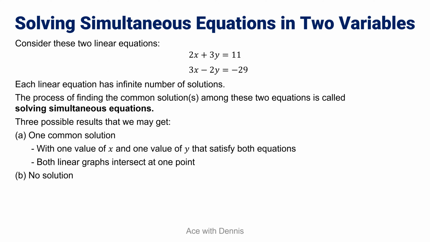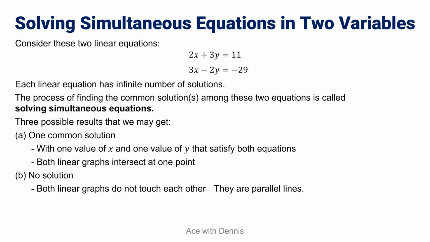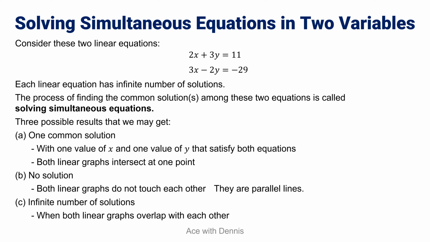The second possible result that we may get is no solution. Why is it so? Because both linear graphs do not touch each other, because they are parallel lines. The third possible result that we might get is infinite number of solutions, because when both linear graphs overlap with each other, we get infinite number of solutions.